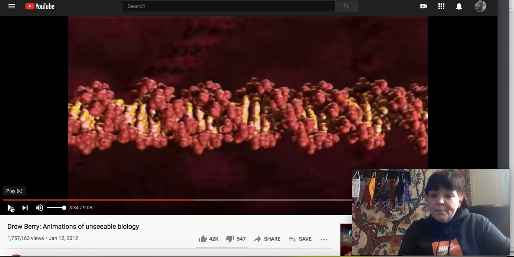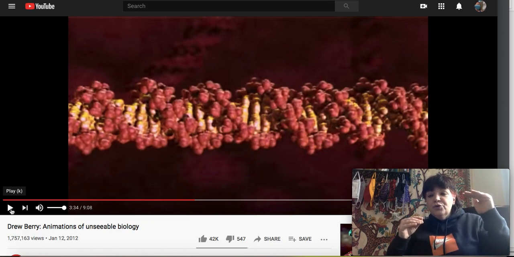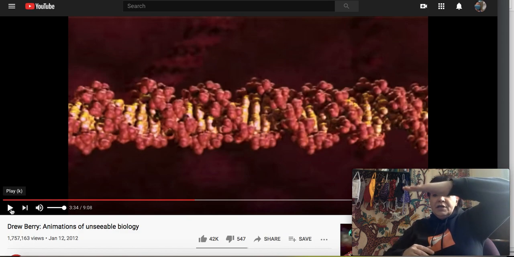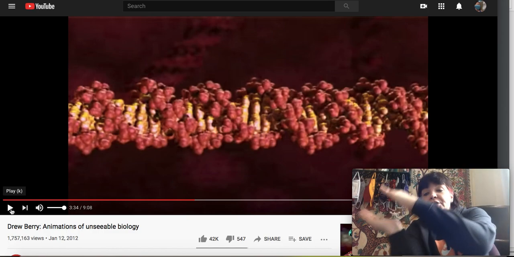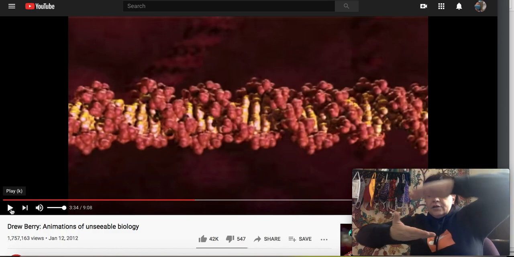So the run in opposite directions part is with the leading strand and the lagging strand. The DNA molecule is not like my arms, which would be parallel like this. It's actually like this.